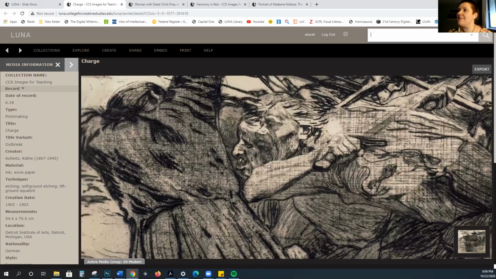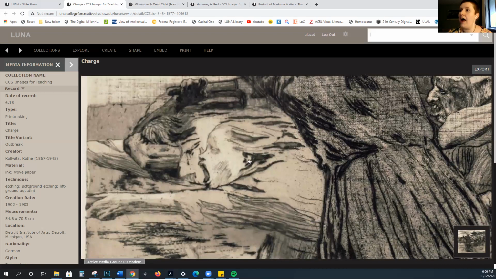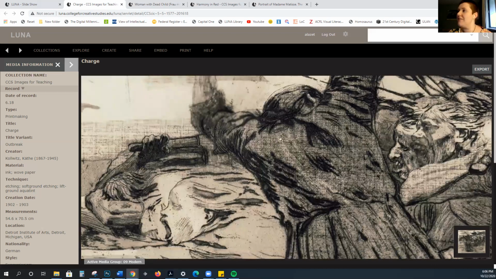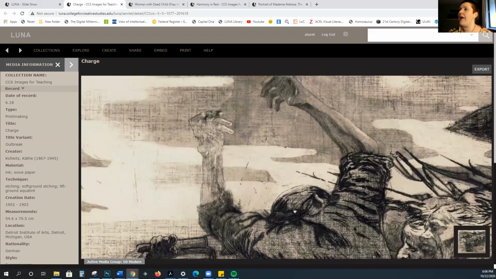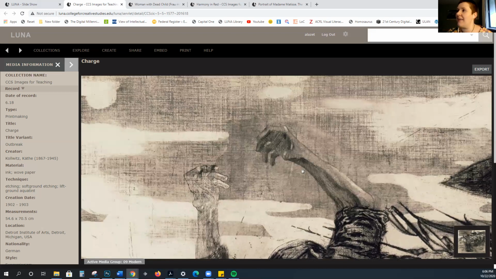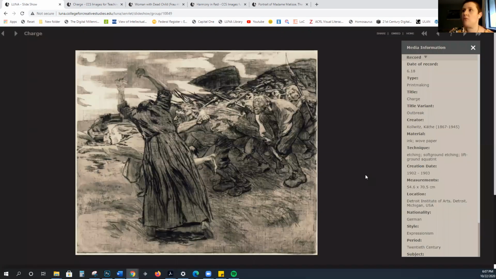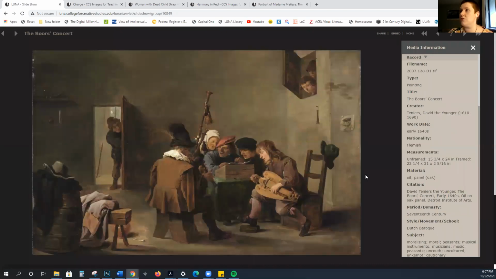This is not a negative commentary on the lower classes who are rising up. It's commentary on how they have been treated and the anger that they're feeling, right? Look at her hands, these claws, and the marks for her hands and her arms. Just very primal emotions are central to her work.